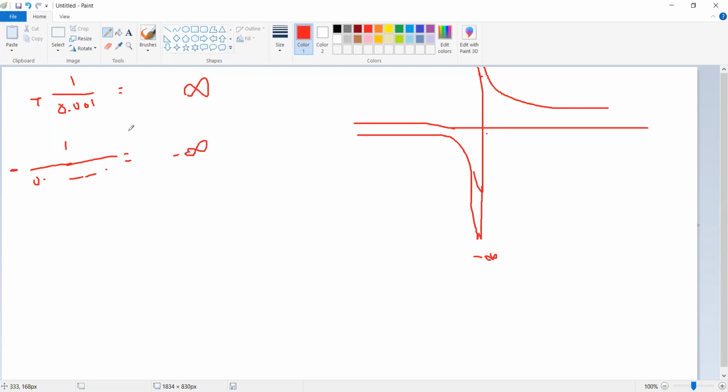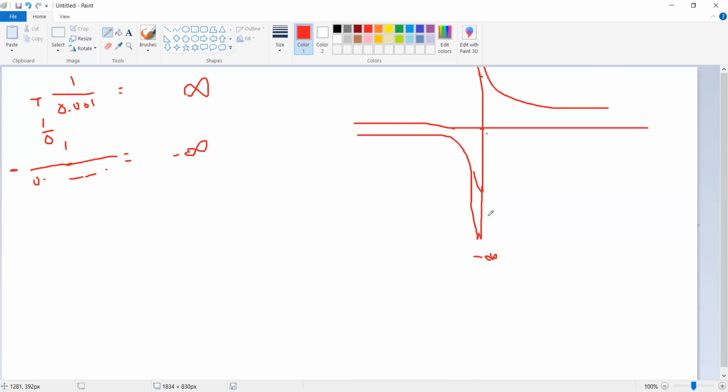Okay. Now there's a difference between a very small value and 0. Now 0 is neither positive nor negative, correct? 0 will not be here, will not be here either. 1 by 0, is it 0? No. So will it be plus infinity or minus infinity?